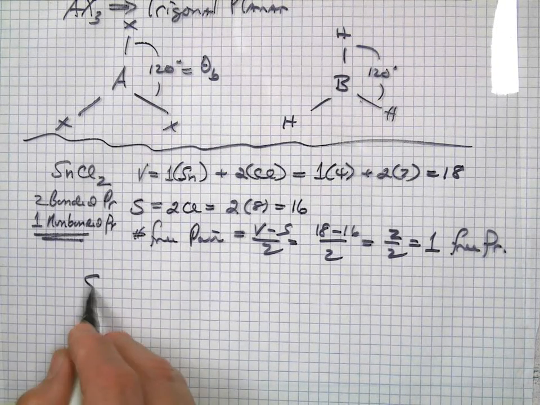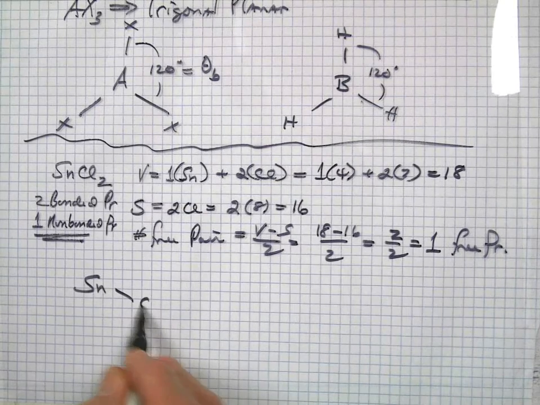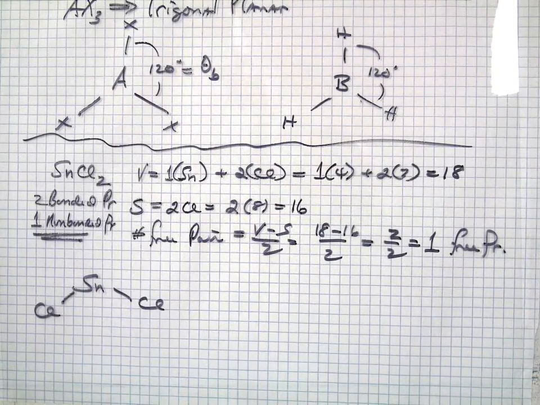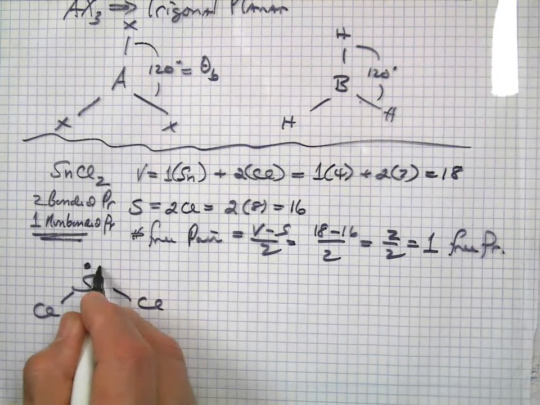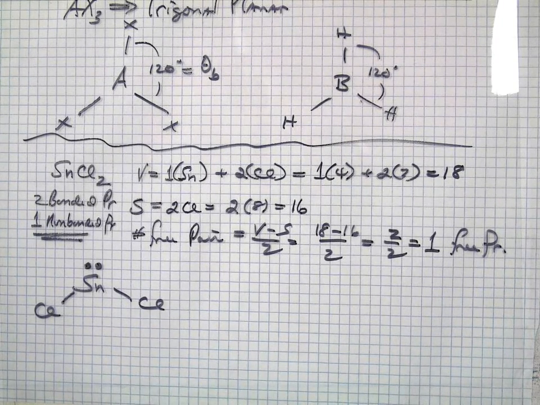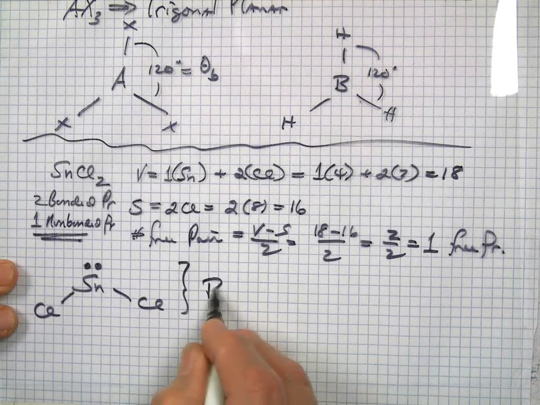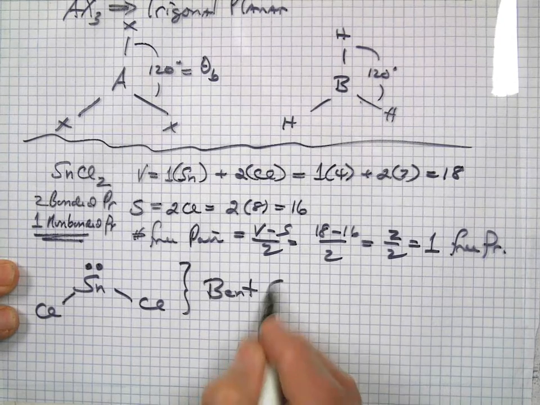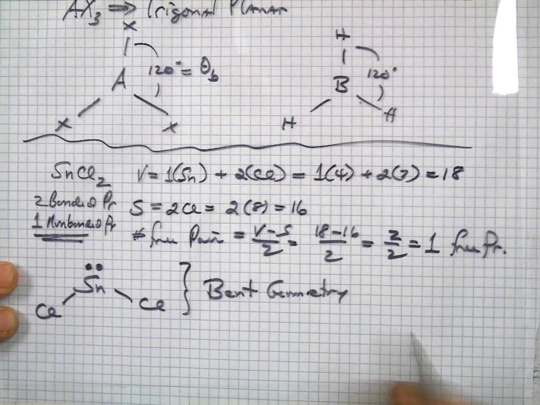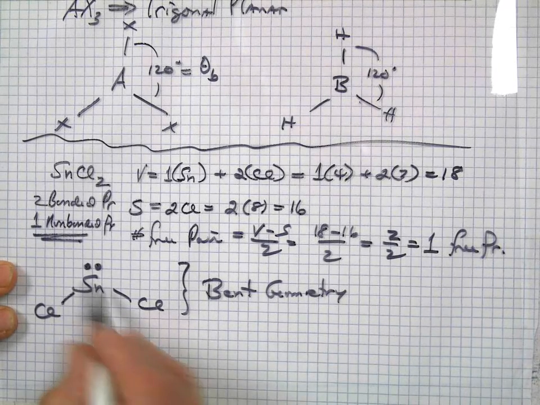So when you draw this, you have 2 bonded pairs. They would have to go off at this 120 degrees. Actually, it's not 120 degrees; it's not as much. And then your 2 electrons. This is referred to as a bent geometry. That just makes obvious sense.